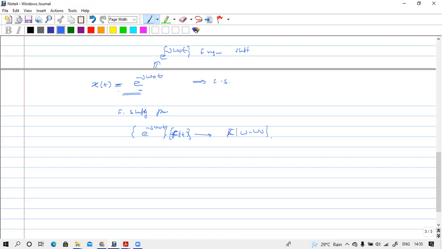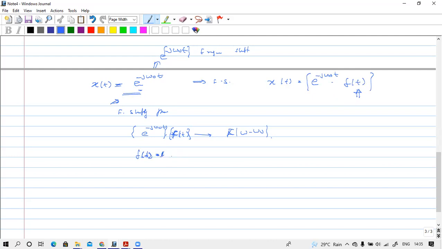Here we have been given the x(t) signal, and if this signal is in the form of e to the power j omega naught t times f(t), and if you know the Fourier transform of this f(t), you can evaluate this integral, no? So in this case, what is f(t)? In this case, f(t) is equal to 1, no? So in this case, f(t) is equal to 1.